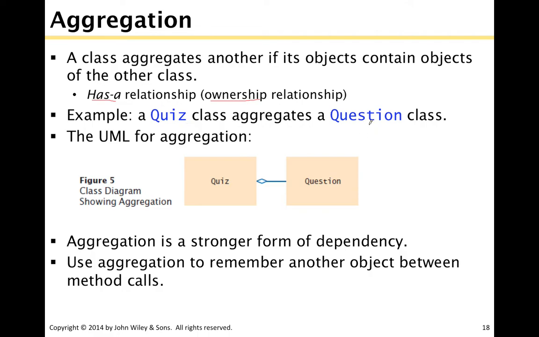So the typical situation is a quiz has many questions. In a UML diagram, we use a solid line with a diamond at the end. The diamond is placed at the owner's side. So here, this UML diagram says a quiz has a question, not a question has a quiz. So be careful about the location of the diamond.